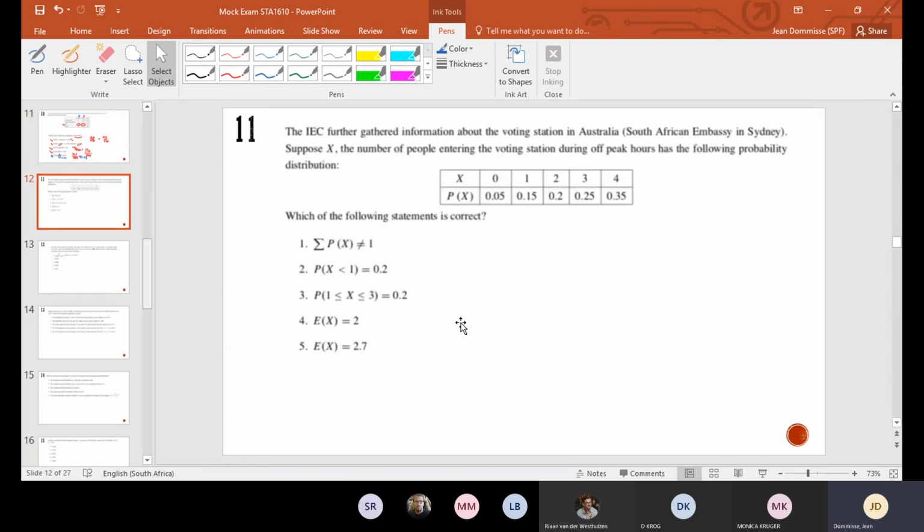Okay, so the next section of probabilities. Which of the following statements is correct? Okay, this is interesting. So probability that you need to work out, estimated, or the mean.